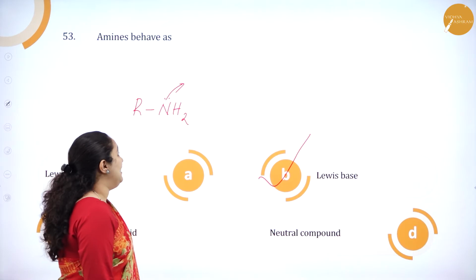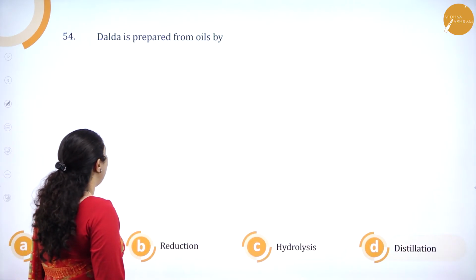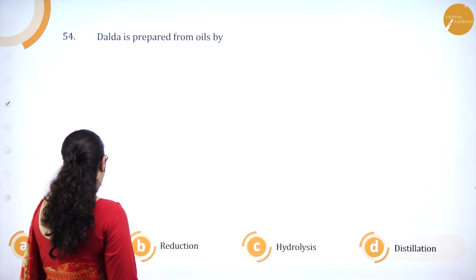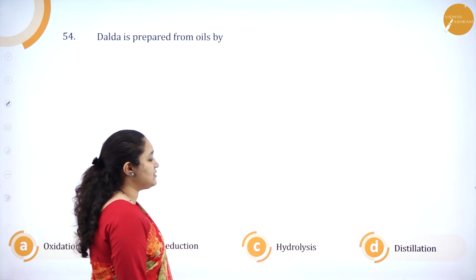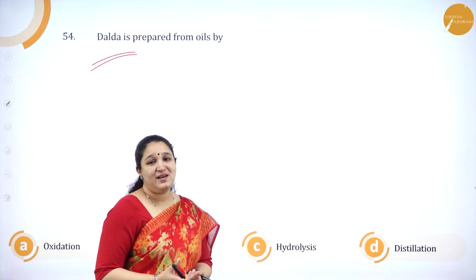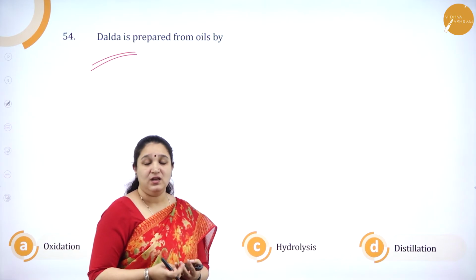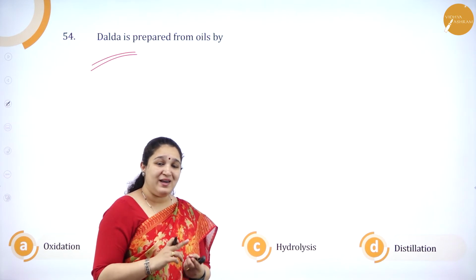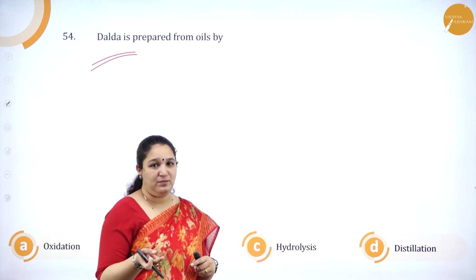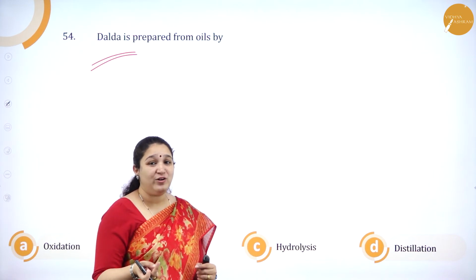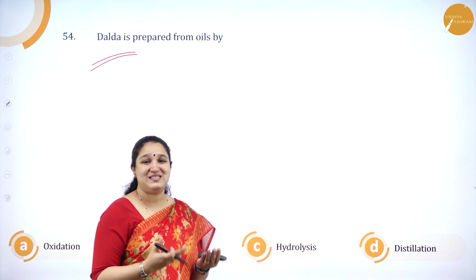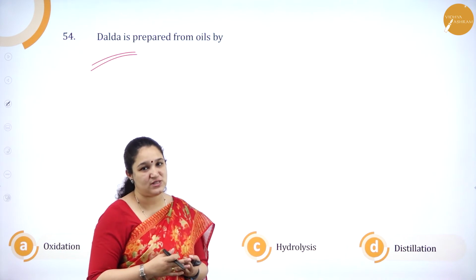Okay. Next question. Dalda is prepared from oils by oxidation, reduction, hydrolysis, distillation. Dalda is a semi-solid glyceride which is saturated. Thus, for the oils to get converted into dalda, hydrogen has to be added to make it saturated so that the unsaturation is removed.